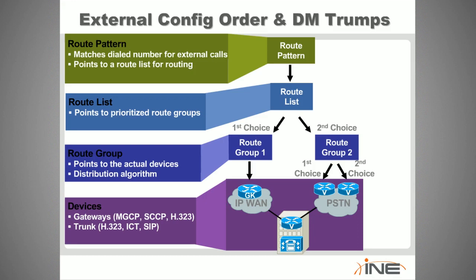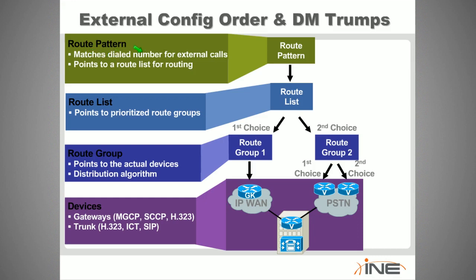And then we have the devices themselves, as we mentioned, the different types of gateways: MGCP, skinny for FXS, FXO, H323 gateways, H323 ICT and SIP trunks. And at 3 of these stages, we have the potential to manipulate digits.